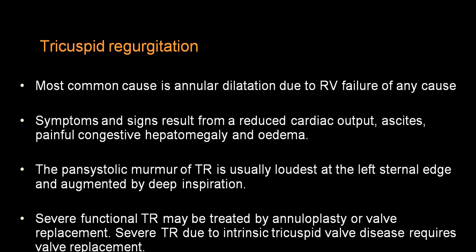And functional TR is very frequently because of a big dilatation of RV. That will happen very frequently in a person who has pulmonary stenosis with pulmonary regurgitation or dilated cardiomyopathy, quite common. And whenever there is TR, there will be a pansystolic murmur, best heard in the tricuspid region, that is the left side of the sternal border, and the murmur intensity will change with deep inspiration.